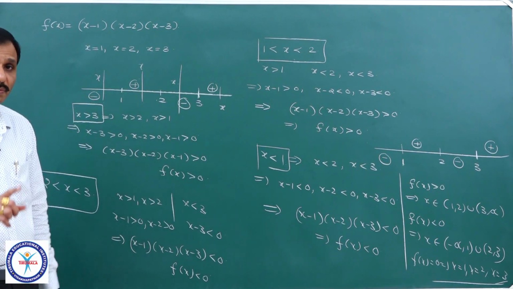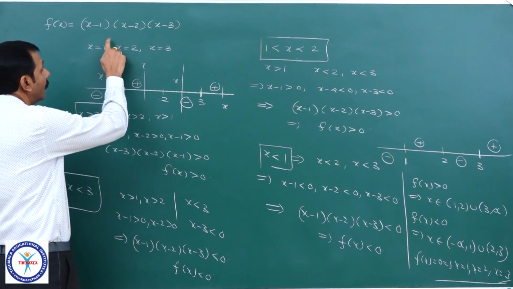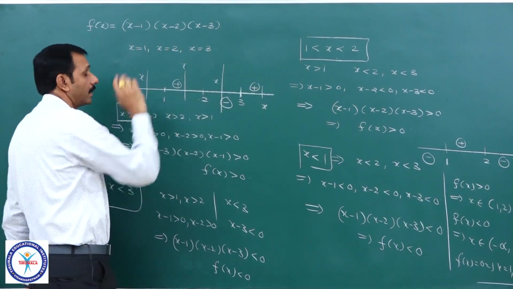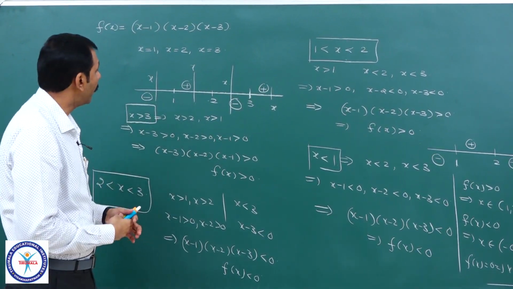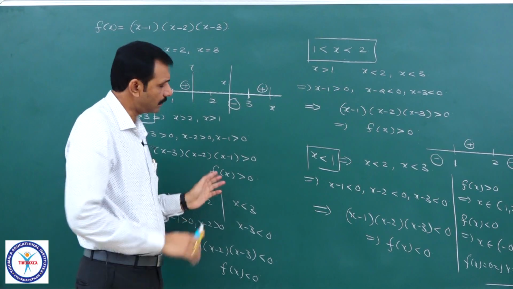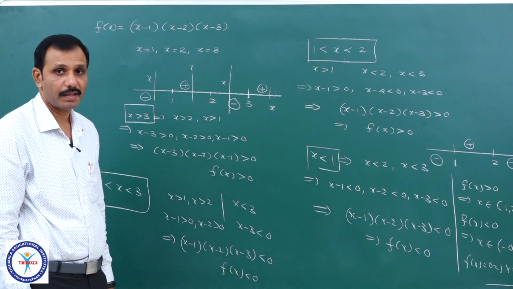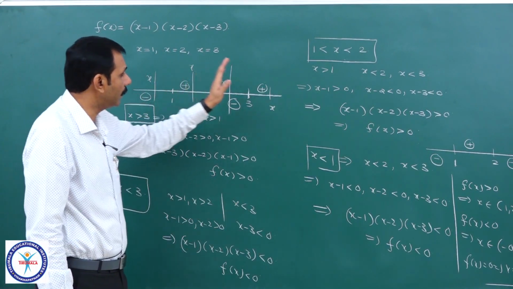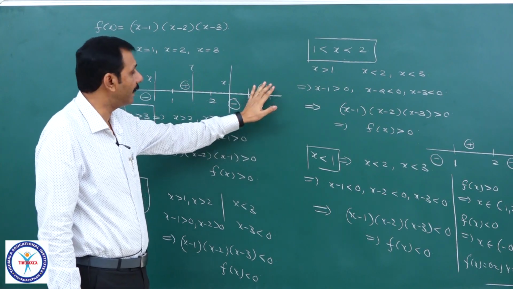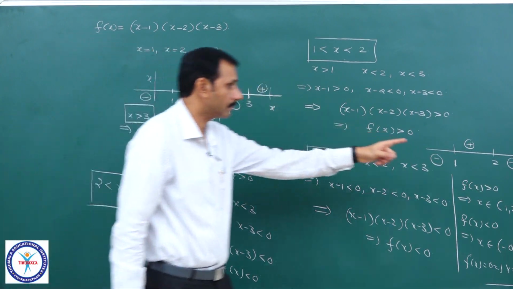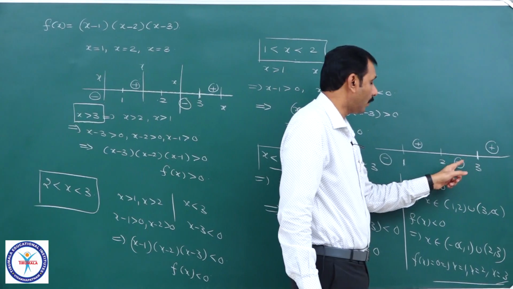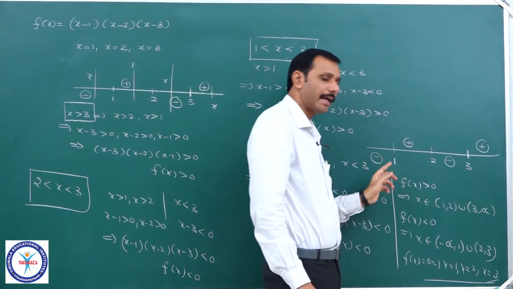So what you do, observe all the roots of this expression and mark them on the real line in ascending order. On the real line, the extreme right is always positive, followed by negative, positive, negative, and so on.